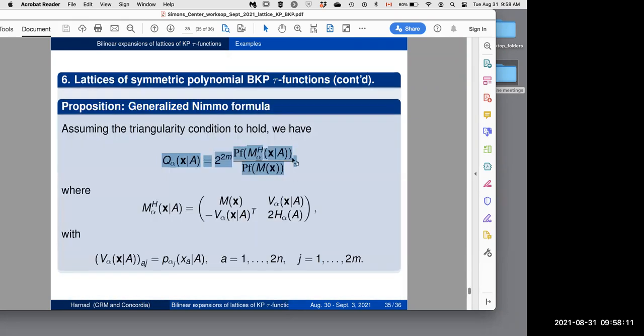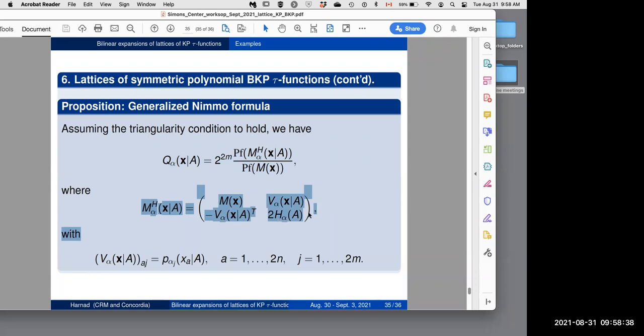In Nimmo's formula, V is a set of columns of monomials. Whereas in our case, these are polynomials. So it's not a homogeneous symmetric function, but it is a symmetric function. And so this is the generalization of Nimmo's Pfaffian representation of Q Schur functions.